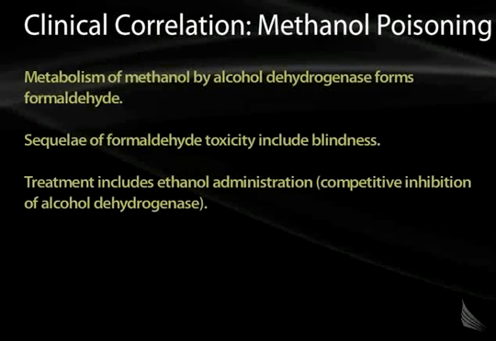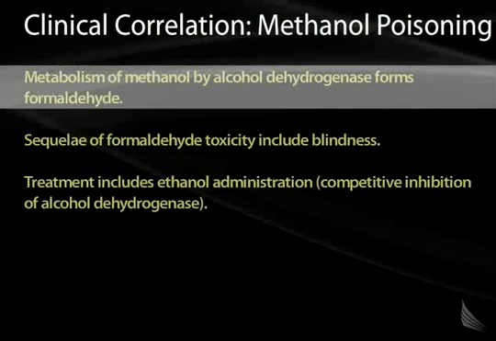Now, there's an important clinical correlation when we consider this pathway. The alcohol methanol is also metabolized by the same pathway, but rather than being converted to acetaldehyde, methanol is converted by alcohol dehydrogenase to formaldehyde, and formaldehyde is very toxic.